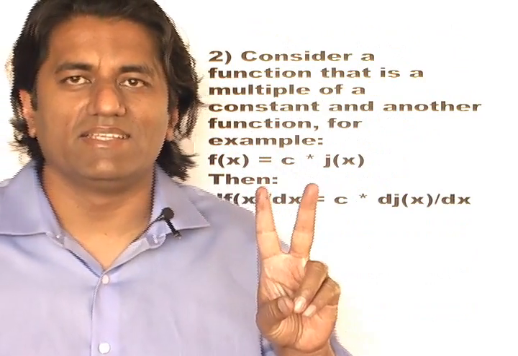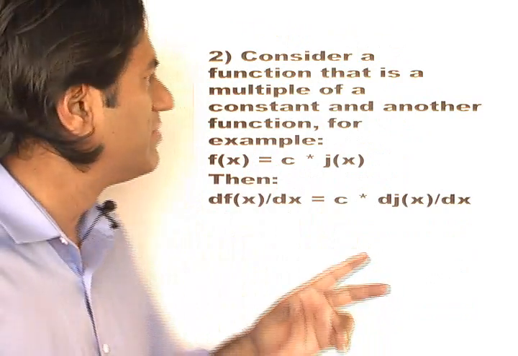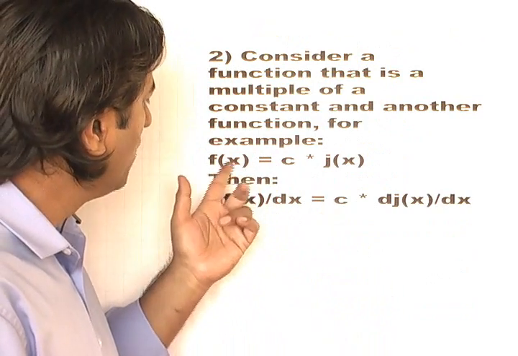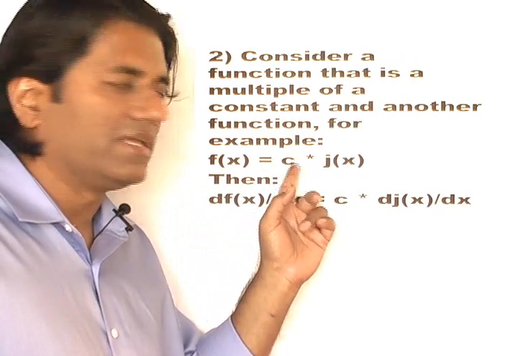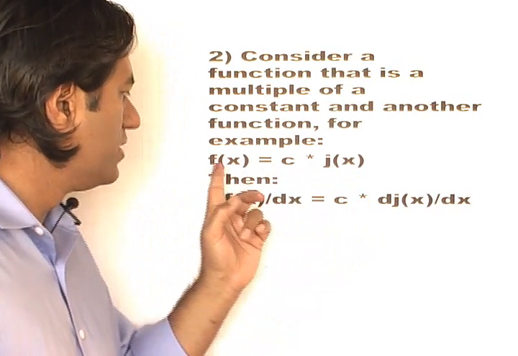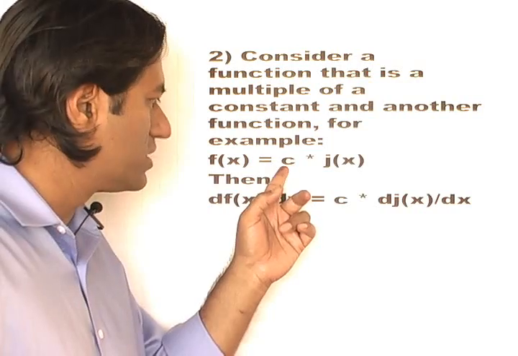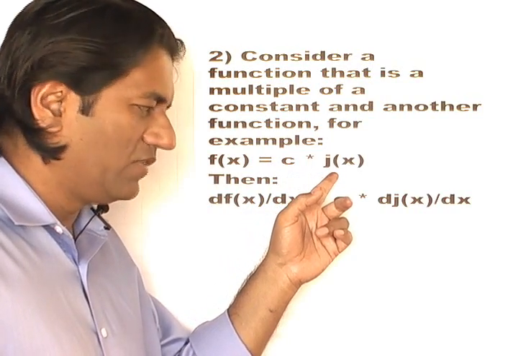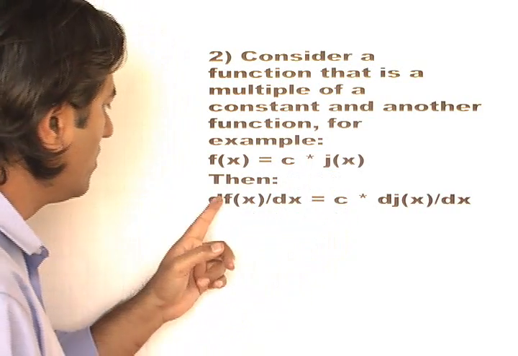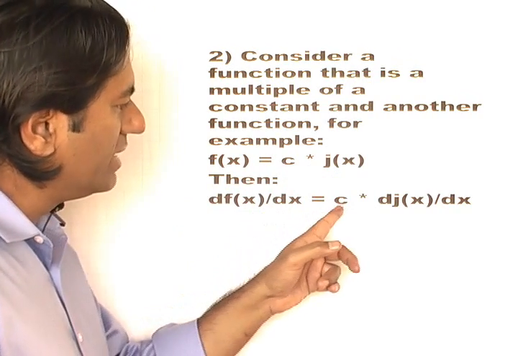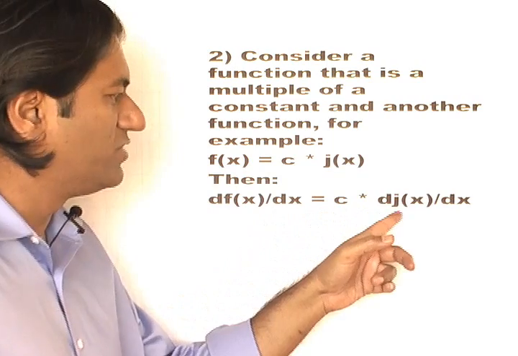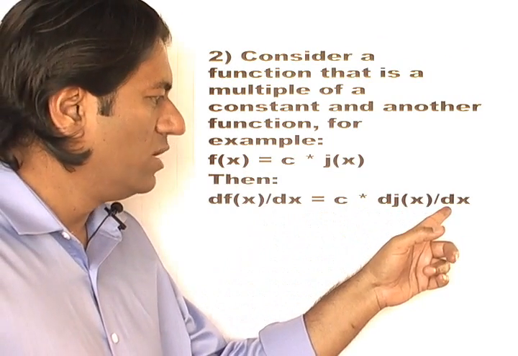The second thing that is true about derivatives is that if you have a function that is some constant into another function, so f(x) here is constant c into another function j, then the derivative of f with respect to x is c into the derivative of j with respect to x.